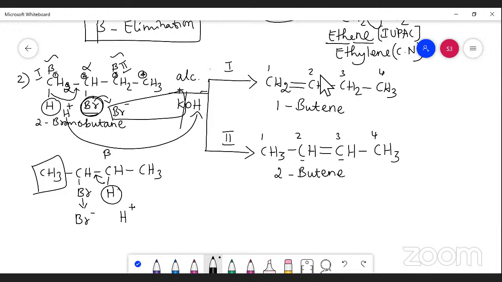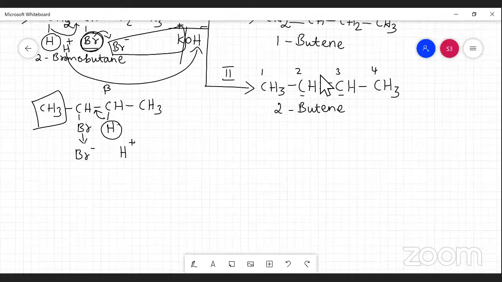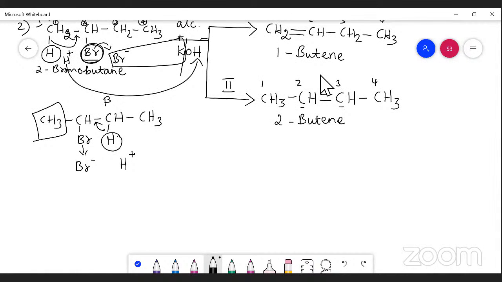So we can take the two products now. But among these products, which one acts as the major product, and which one acts as the minor product? We are in confusion. To simplify this confusion, a scientist named Saytzeff gave a new rule, called the Saytzeff rule. What is this rule?